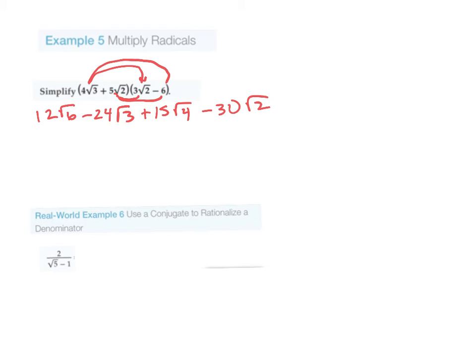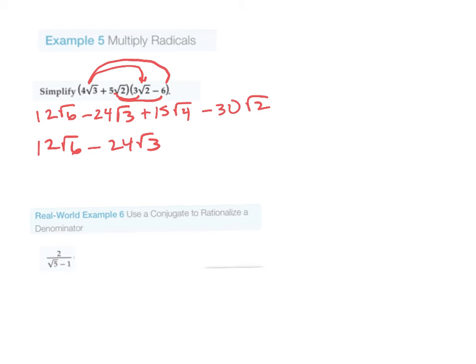So to do that, I'm going to simplify my radicals. My radical 6, this does not change, and there's no other radical 6's, so 12 radical 6 stays the same. The radical 3, there's none, so minus 24 radical 3. But radical 4 is a 2, and 2 times 15 is 30.